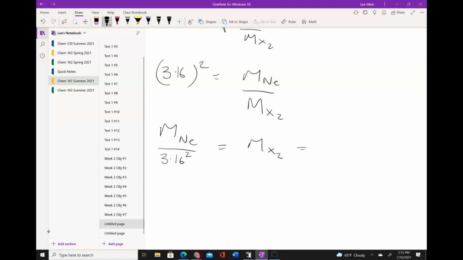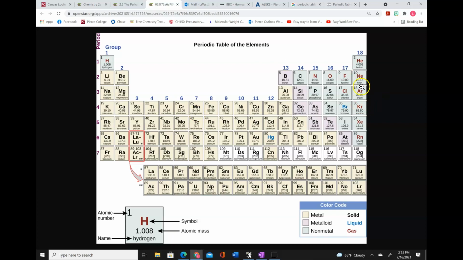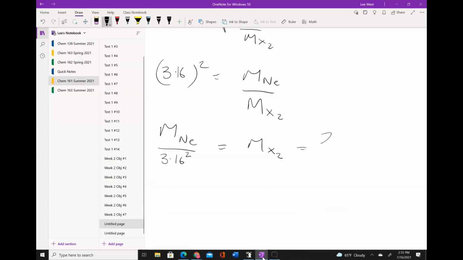The molar mass of neon, I can just look up in the periodic table. It's 20.18 grams per mole. So this is going to be 20.18 divided by 3.16 squared.